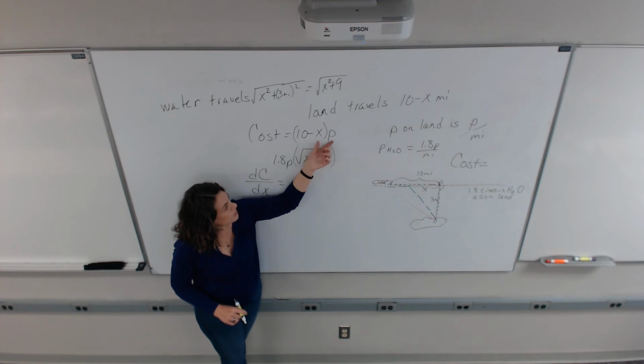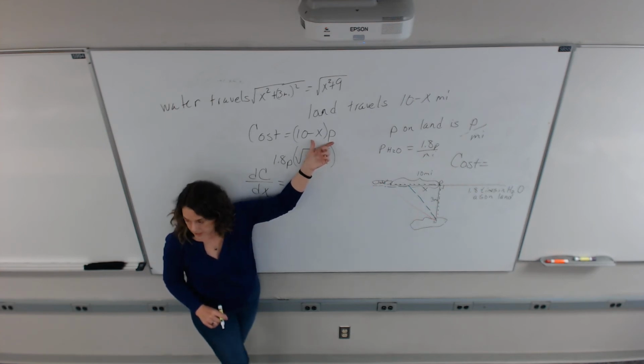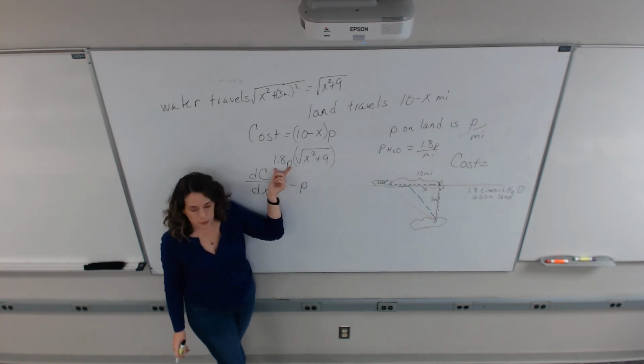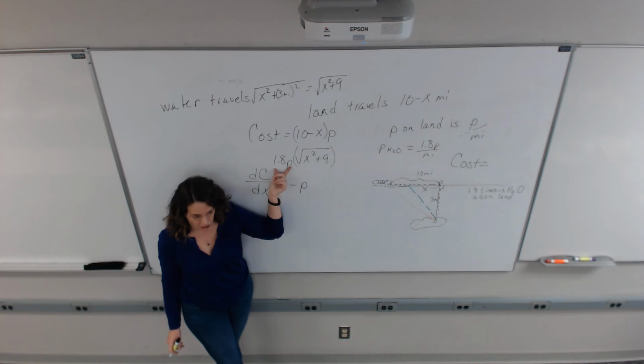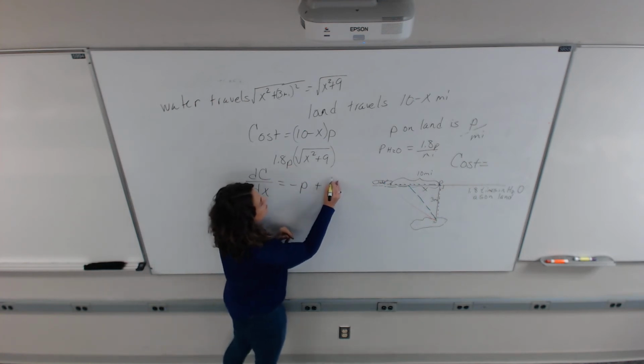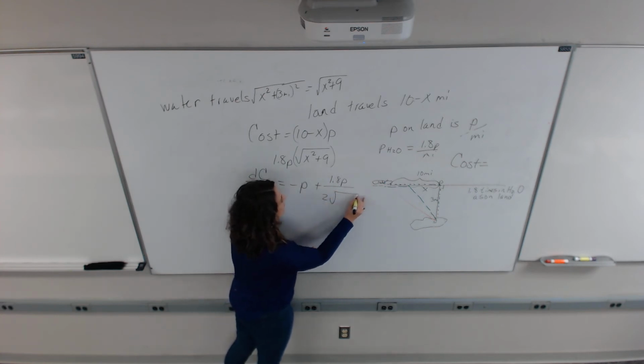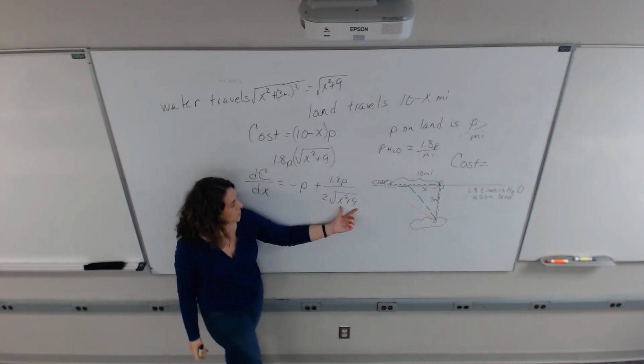So what would the derivative of negative Px be? Negative P. And then down here, the 1.8P is again a constant, so this gives me 1.8P. You have the derivative of the square root, which is 1 over 2 the square root. Then you have the derivative of what was under the square root, which is 2x.